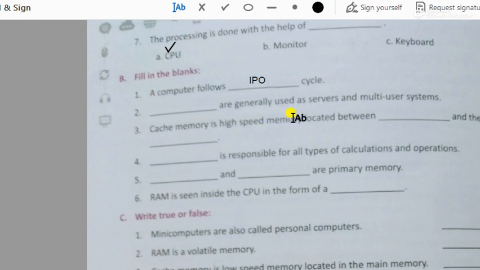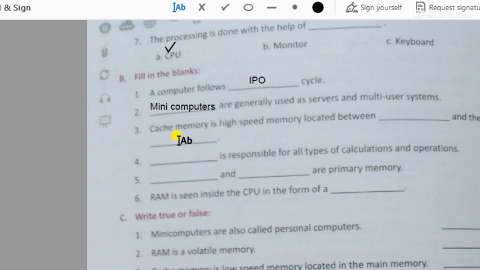Dash are generally used as a server in the multi-user system. That one is mini computer. Mini computers are generally used as a server.